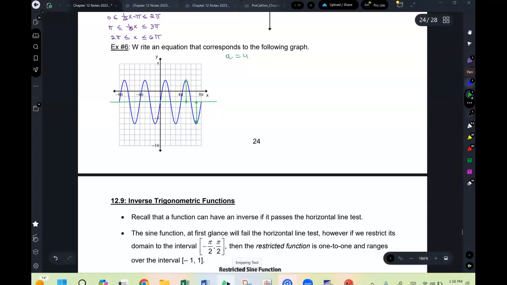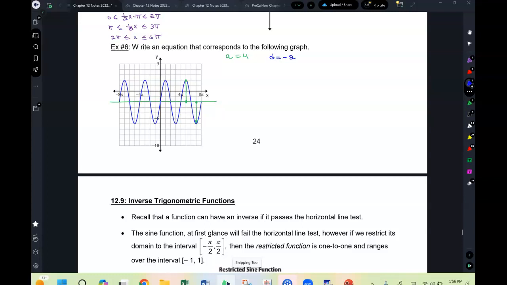Another thing that's easy to find when you do this is D. Because the horizontal axis tells you if there is a vertical shift. Is there a vertical shift here? Yes, down 2, so D is -2. Now, phase shift is a little tricky because if there's a phase shift of half a pi, sine becomes cosine.